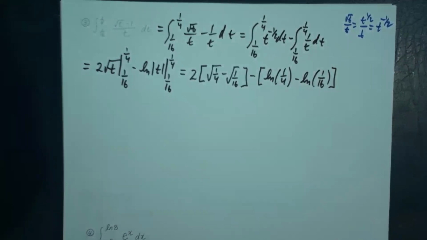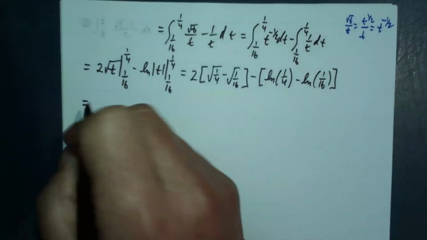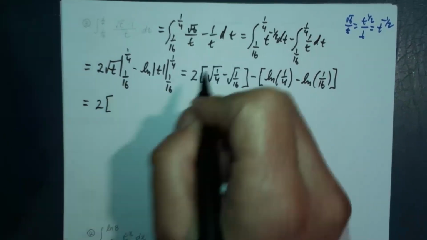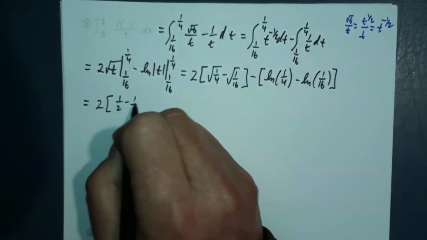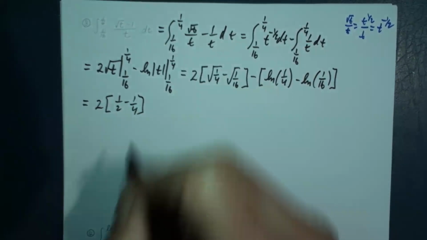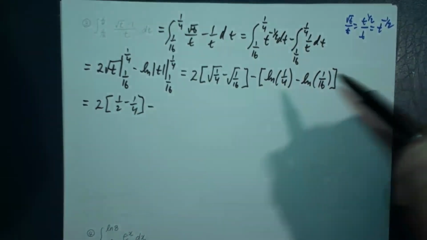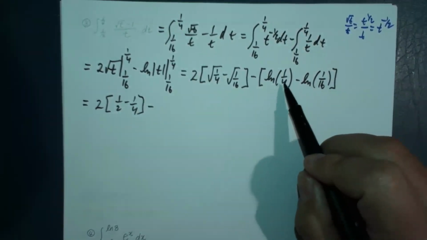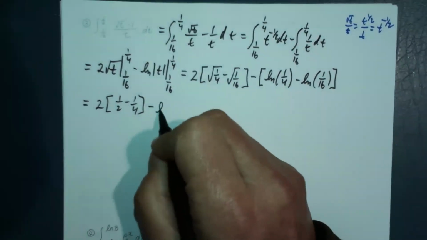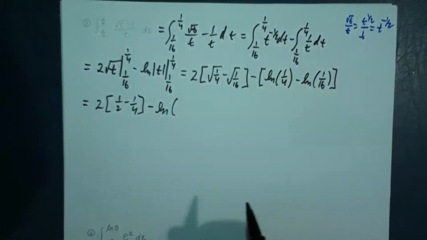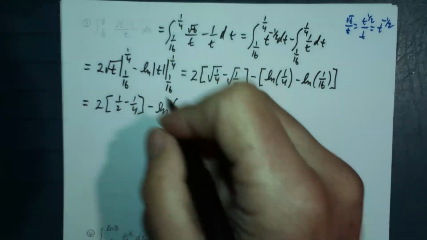All right, let's clean this up a little. This becomes 1/2 minus 1/4. Minus, and if you remember your log rules, when you're subtracting like that, you can actually take that divided by that. So this becomes the ln of 1/4 over 1/16, which becomes 4.